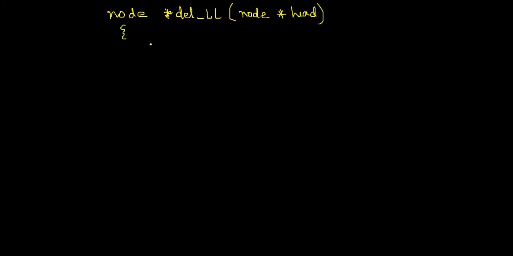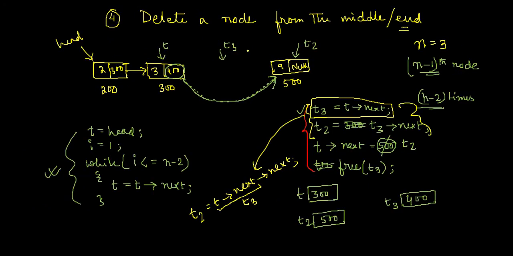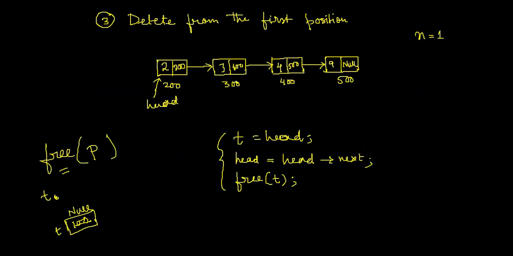right? And here also the first thing is to take input n as a position to delete. And this n can be anything from 1 to p. In case of delete, if you have a linked list something like this, you can delete the first position or second or third or fourth, but not fifth.